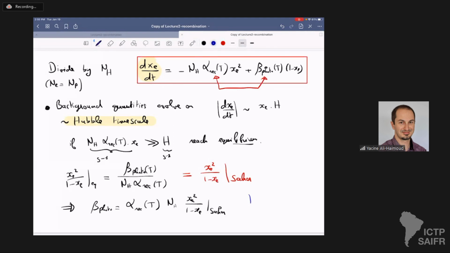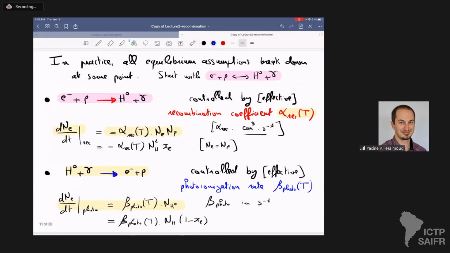Again, this is called a detailed balance argument. So where does this relationship come from at a fundamental level? It comes from the fact that these two processes here, this one and this one, are governed by exactly the same microphysical cross sections. They're governed by exactly the same microphysical matrix elements. So these are just the time reversals of one another.